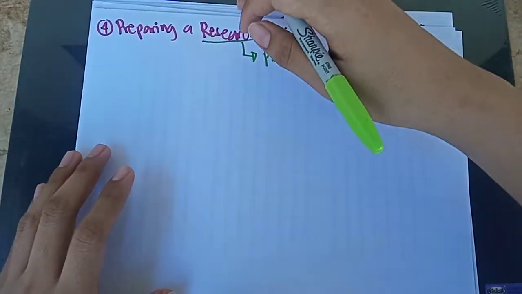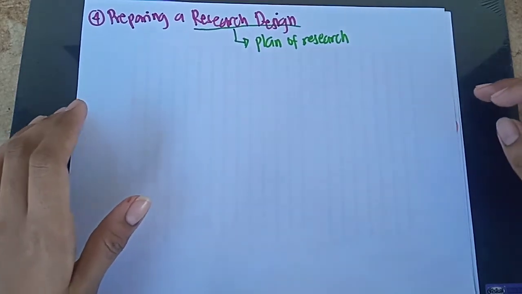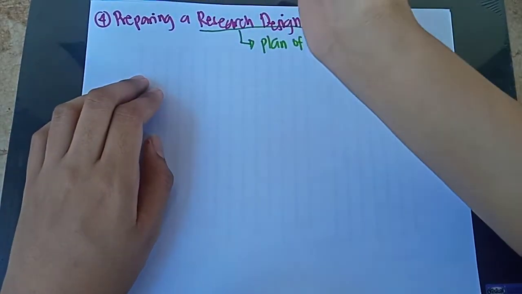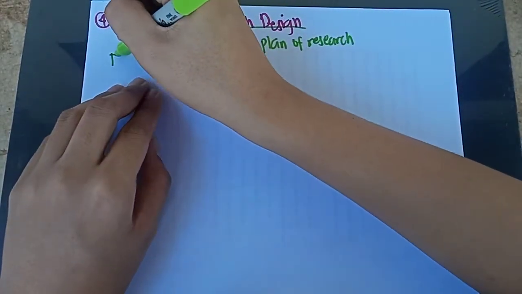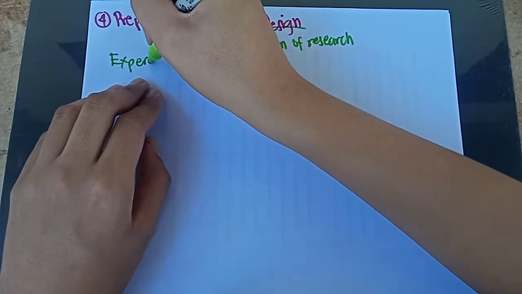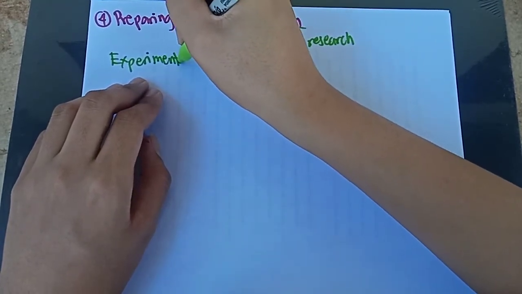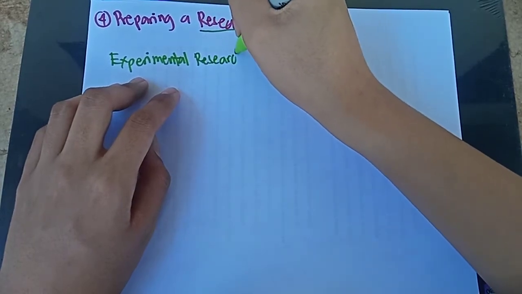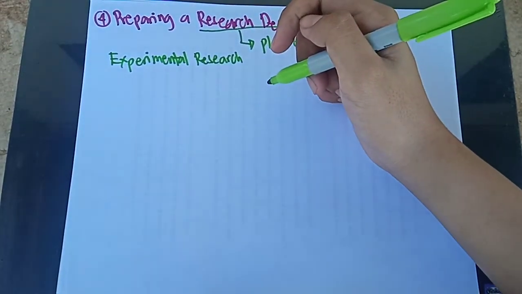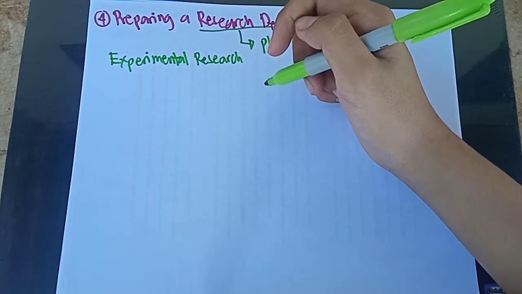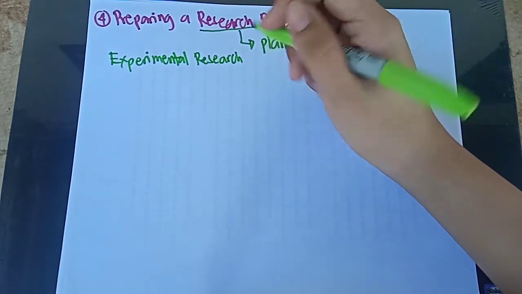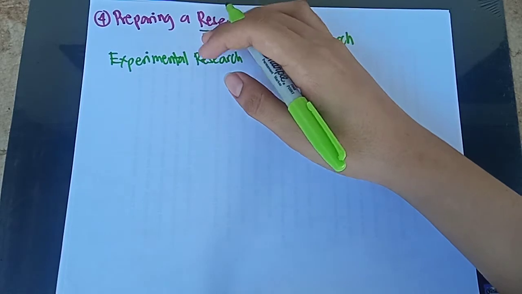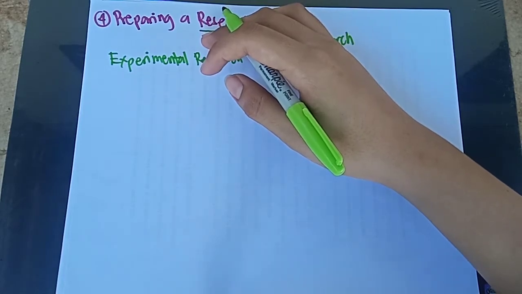So, in preparing a research design for this one, we can say that this research is an experimental research, which is a type of research where SIP belongs. We try to identify the effect of the IV on a certain dependent variable.